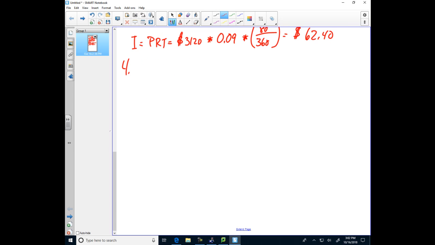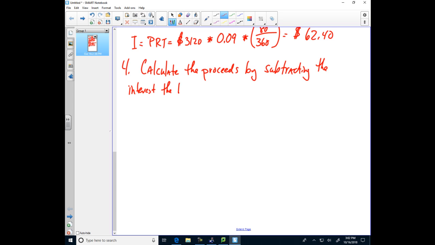Step 4, calculate, if I can spell, the proceeds by subtracting the interest the bank will charge. And that's step 3.